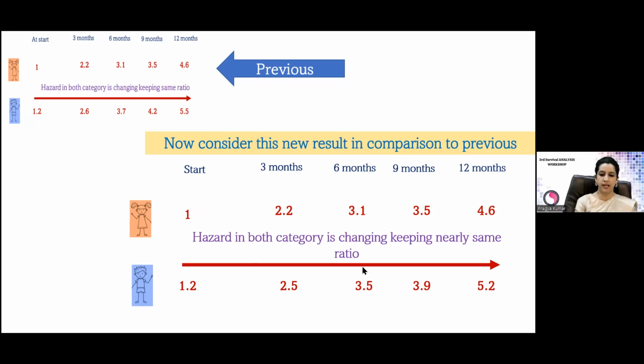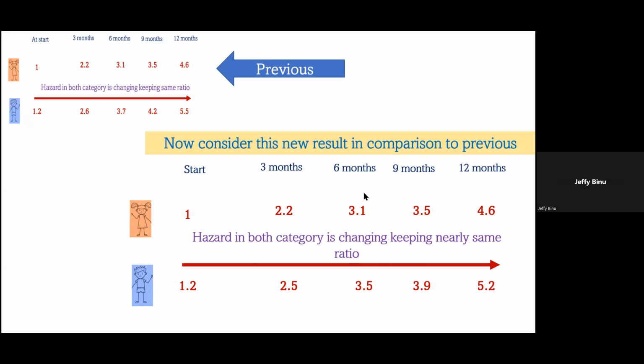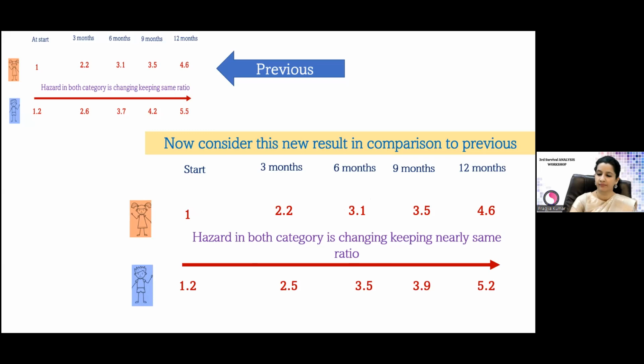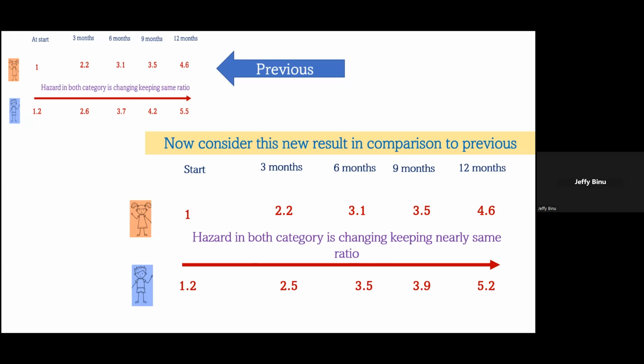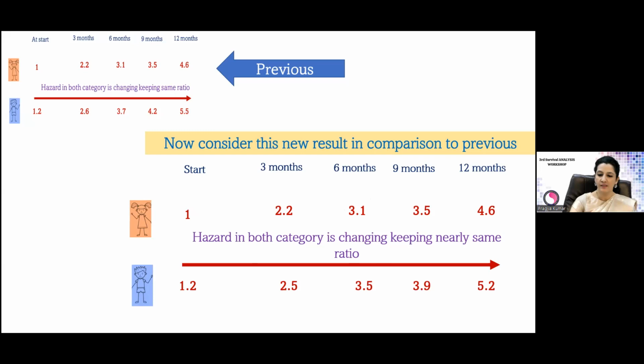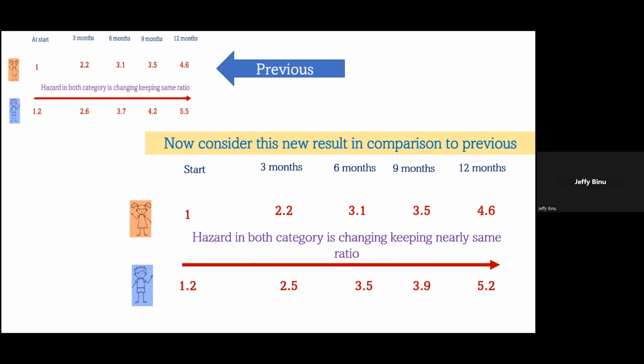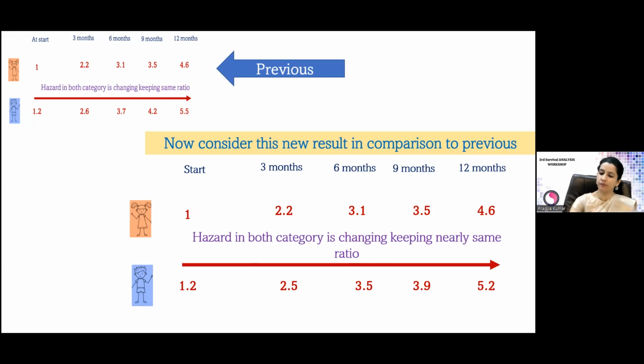Now again the next one, 3.5 by 3.1. 1.12. And then 3.9 by 3.5. 1.11. And 5.2 by 4.6. 1.13. So if you take it up to one digit, approximately it is the same.